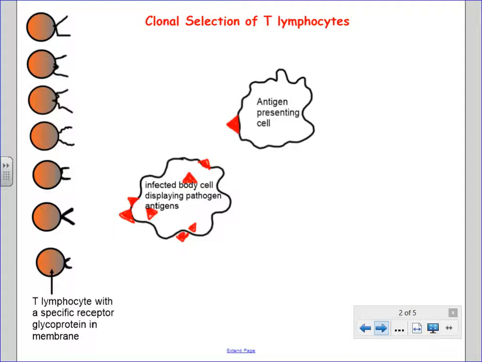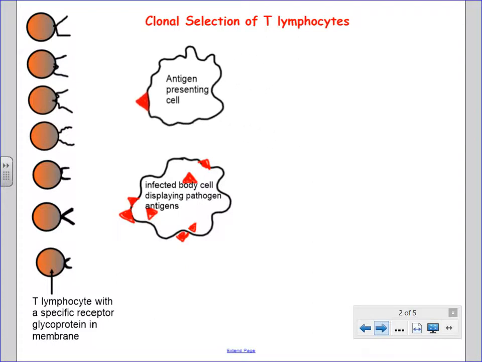This part of the immune system is vital to help destroy those cells that are infected, particularly with a virus, or the virus could reproduce inside, burst out of the cell and infect lots of other cells.